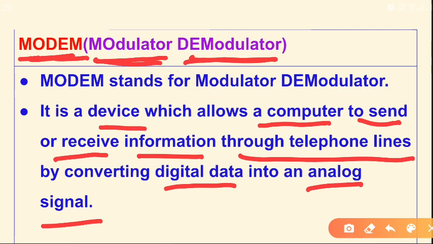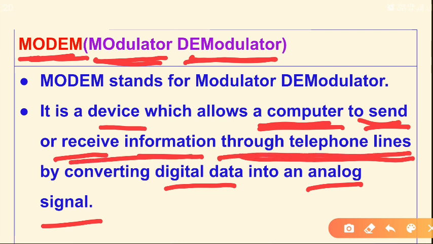So what does the modulator demodulator do? It is a device which allows the computer to send or receive information through the telephone lines, by converting digital data into analog signals.